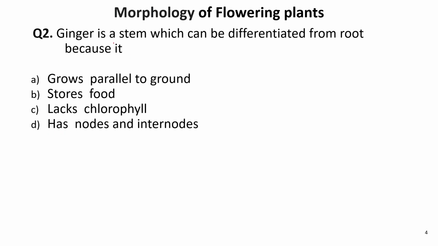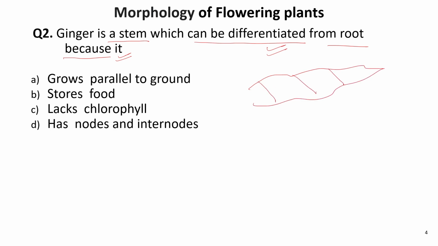Next question. Ginger is a stem which can be differentiated from the root because why? Because if you see the structure of the ginger, we can see nodes and internodes region. These are the nodes, and here scaly leaves are present.